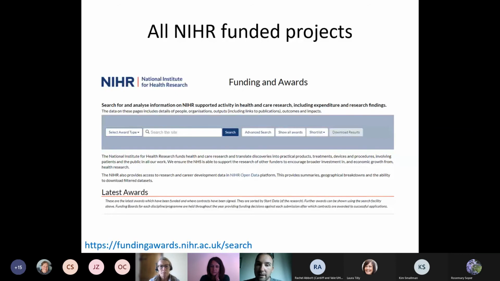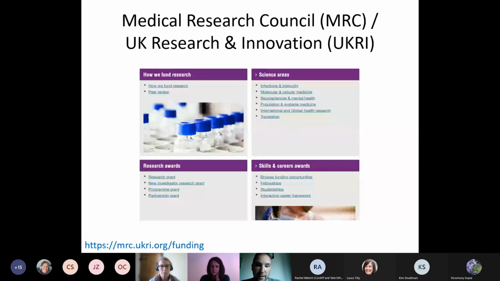The Medical Research Council, which is part of the UKRI, another national funder that funds medical research across a wide range of areas and specialties: infections, immunity, molecular medicine, neuroscience, mental health, population medicine, global health. And they also have different types of grants.